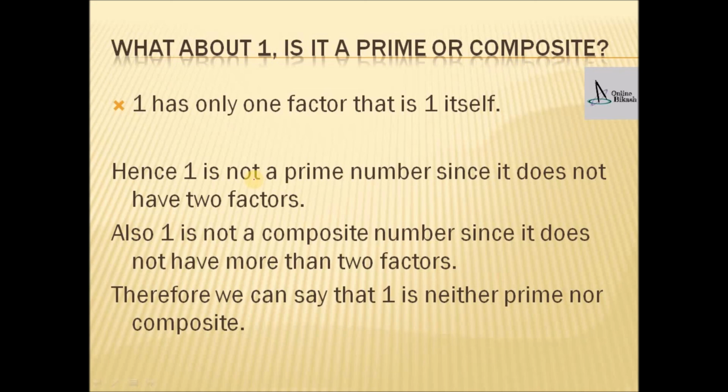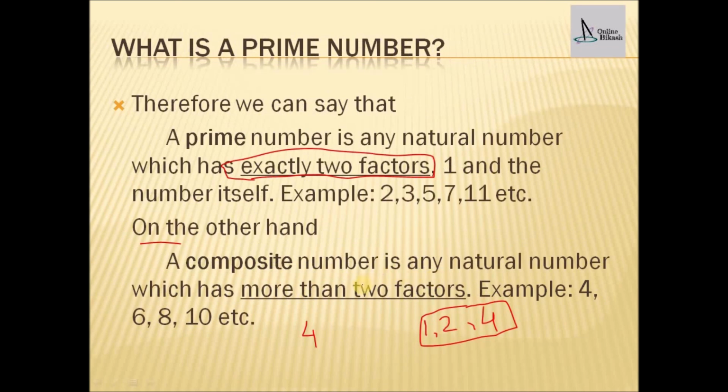Also, 1 is not a composite number, since it does not have more than 2 factors. 1 has only one factor, so it cannot be a composite number. Because in the definition of composite number, we got more than 2 factors.